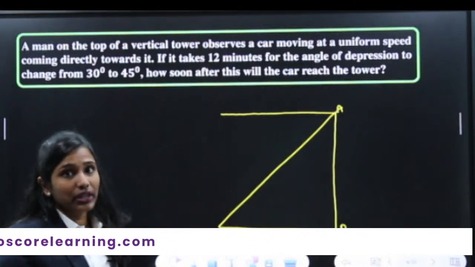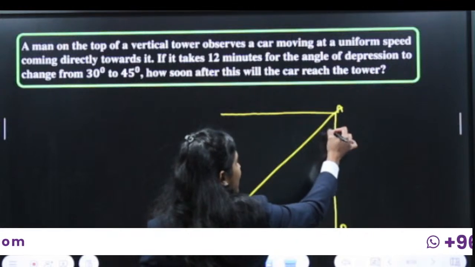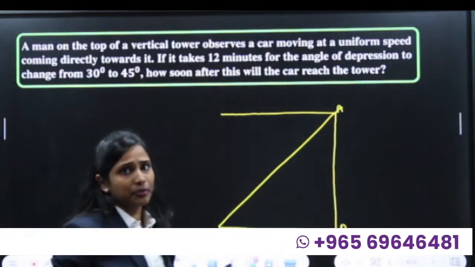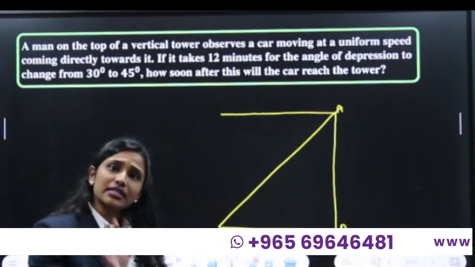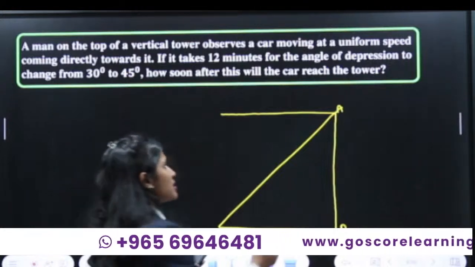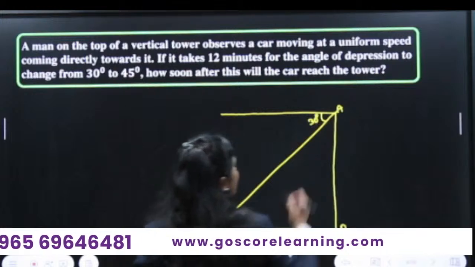Some students attempt to mark the angle of depression as this angle CAB. That's not the case. You have to consider a horizontal line, then only you will get the angle of depression. So at first it is 30 degrees.